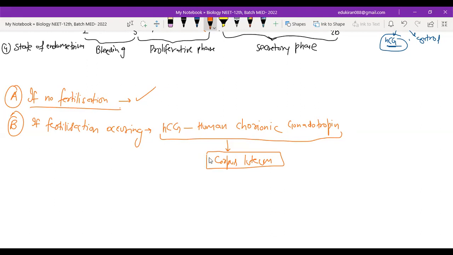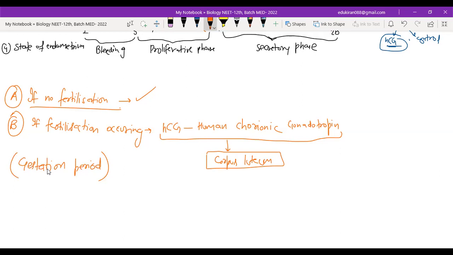The term pregnancy is biologically known as the gestation period. Okay, I'm writing it here. Gestation period. So throughout the gestation period, the corpus luteum and placenta combined together maintain the pregnancy throughout, and they keep secreting progesterone and estrogen to maintain the pregnancy.